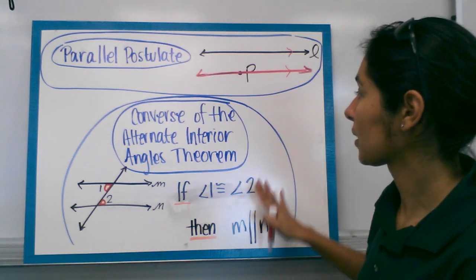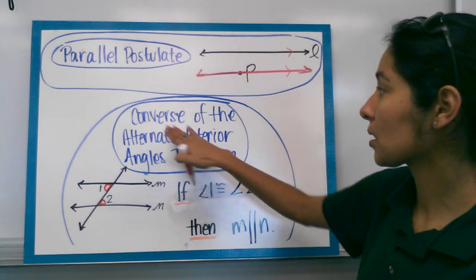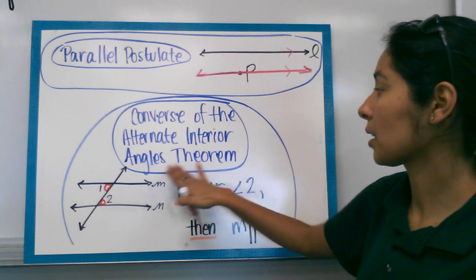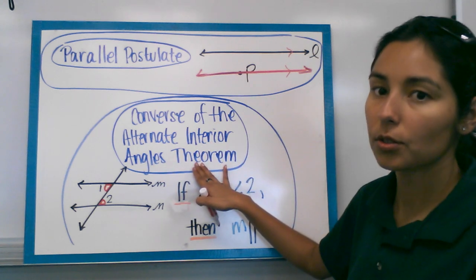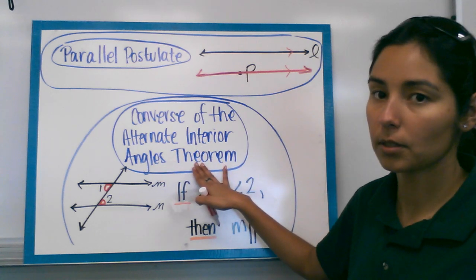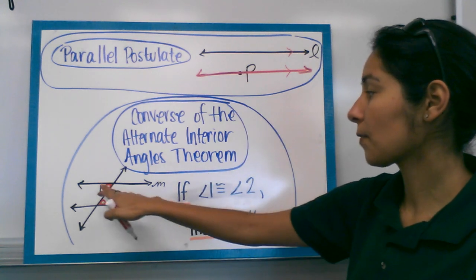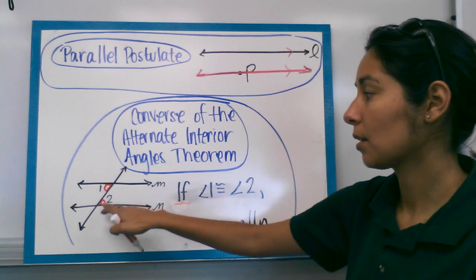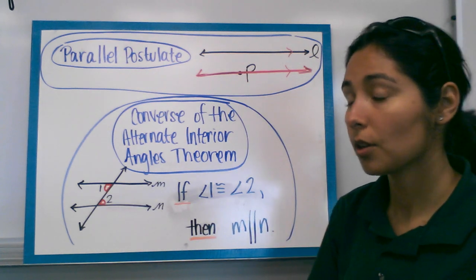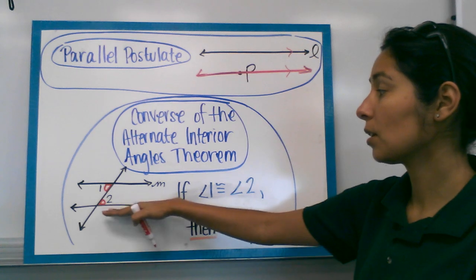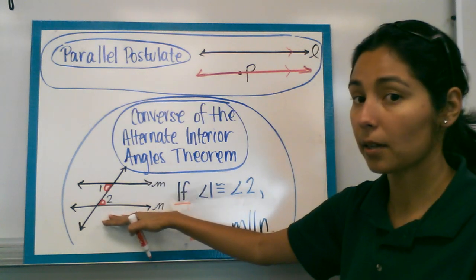So that's that postulate. The next one is the converse of the alternate interior angles theorem. Yesterday you talked about the alternate interior angles theorem. This is the converse, or the opposite, of it. So it says if I have alternate interior angles that I know are the same measure, then I can conclude that the lines are parallel.